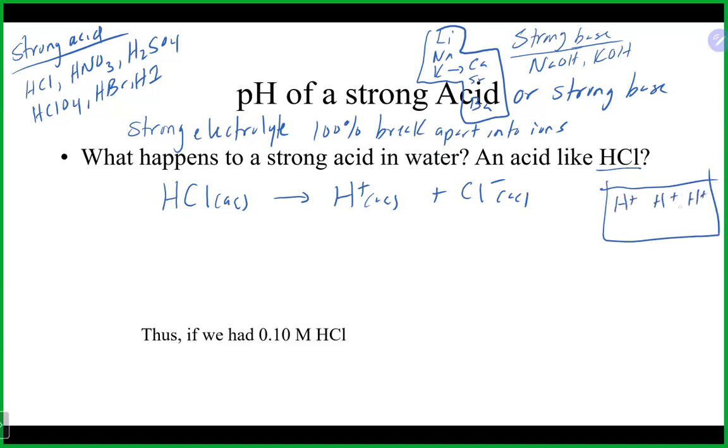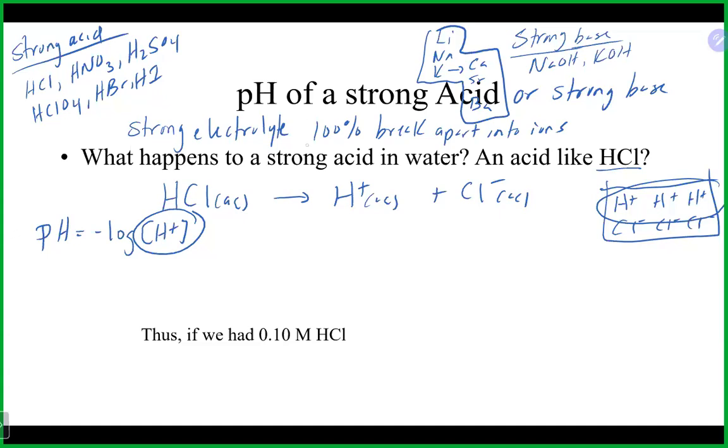You just have the ions floating around. And what's important for pH is the negative log of the H plus concentration. So the amount of H plus floating around in that solution is really what's important to calculate the pH. And we could do that based on hydrochloric acid's relationship between the HCl and the H plus.